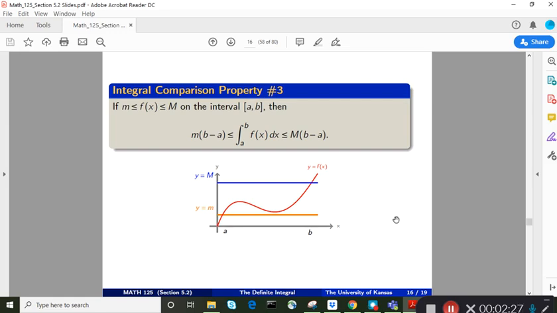And therefore, this is the area underneath the blue line, this is the area underneath the function, and this is the area underneath the orange line. So you can see that the area under the function is somewhere between the cyan and the orange, basically.